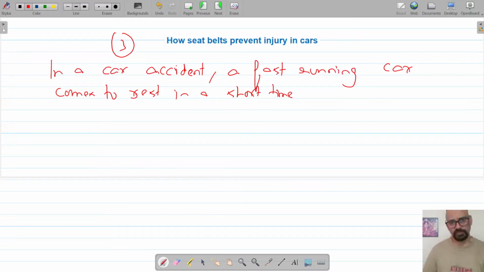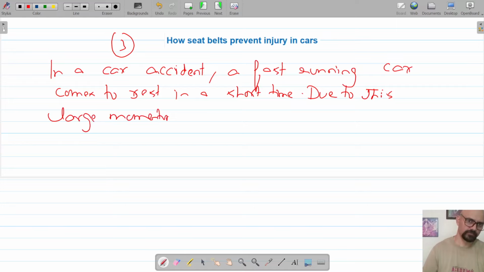Due to this, the large momentum of the car reduces to zero in a very short time.